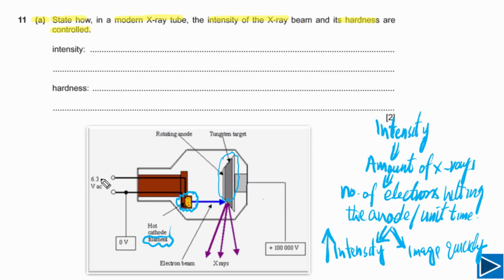So this is our filament, and here is the potential difference. If we increase this potential difference, more electrons will be emitted, which means the intensity will be higher. The vice versa is also true. If we decrease the potential difference across the filament, intensity will go down because fewer electrons will be emitted from this filament.